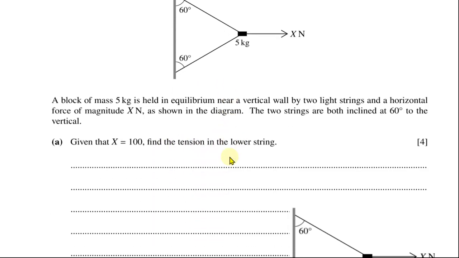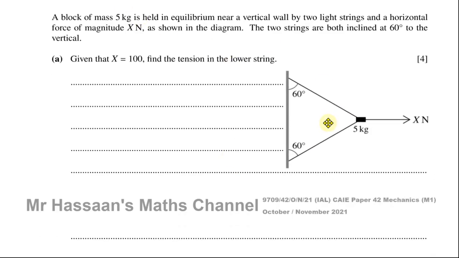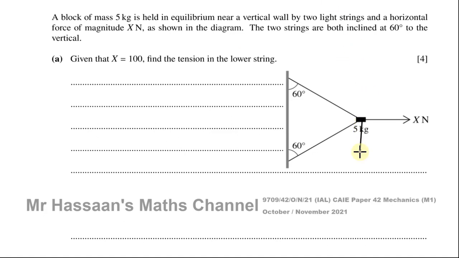Okay, so I've just drawn the diagram down here so that we can have a look at this and not have to keep scrolling up and down. So now we've got this object which has a weight which acts vertically down.